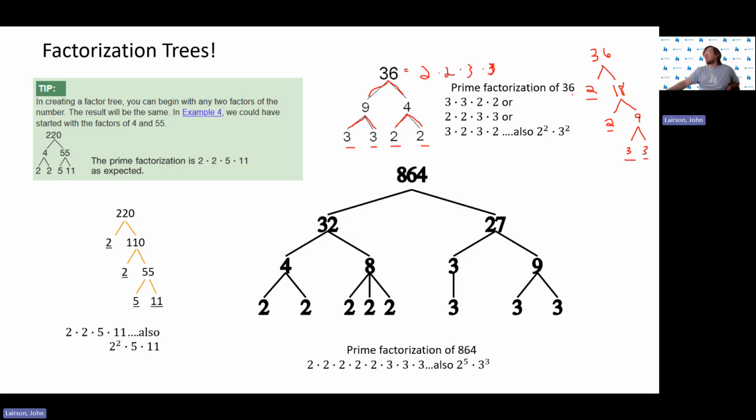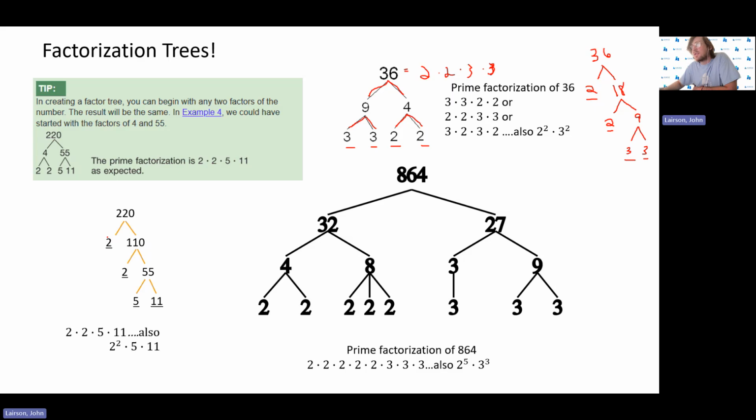And we can see at the bottom, it's 2 3s and 2 2s, 2 2s and 2 3s. So it does work no matter which way you approach it. You could have different trees, but you're still always going to get the same answer. So 220.